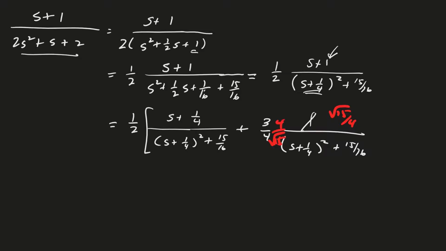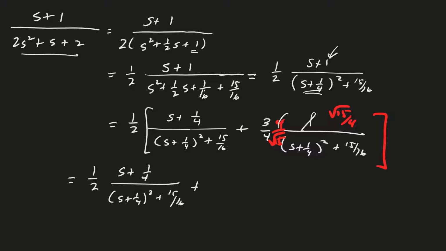You see what I'm doing? Going back to our normal thing, I'll have 1/2, and I'm going to feed through the 1/2. I'm pretty much done at this point because I have the exact form that I need for my table. The 4's cancel here, so that's going to be 3 over 2 square roots of 15, times the square root of 15 over 4.